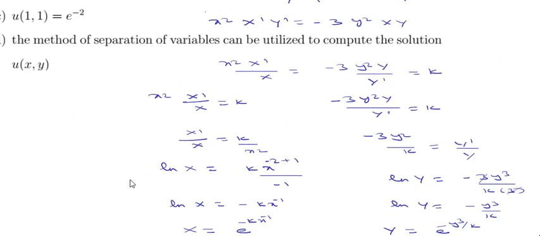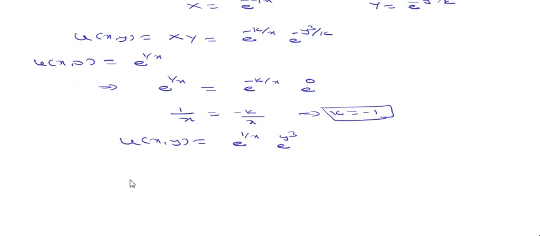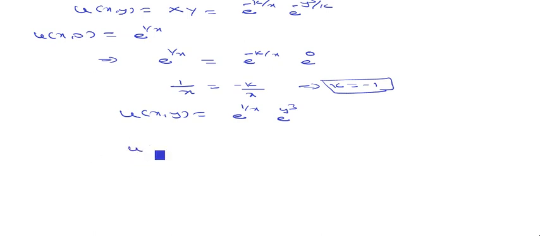Therefore u of x comma y equal to e power 1 by x into e power y cube. So we need to find u of 1 comma 1. So u of 1 comma 1 equal to e power 1 into e power 1 cube, which is 1.